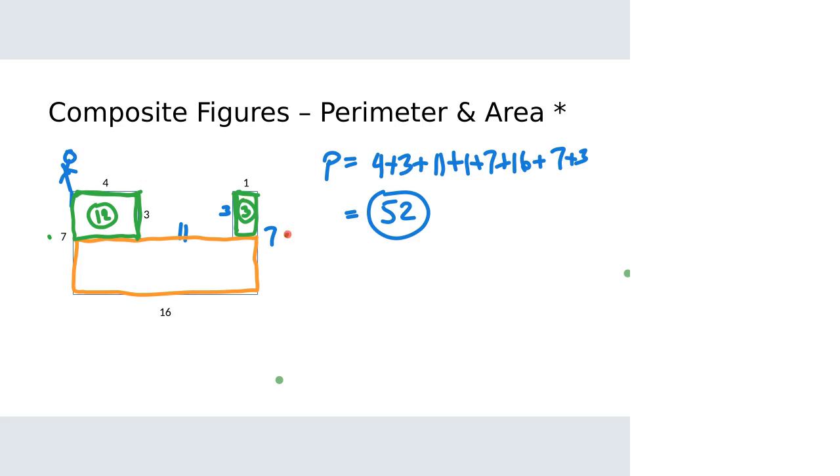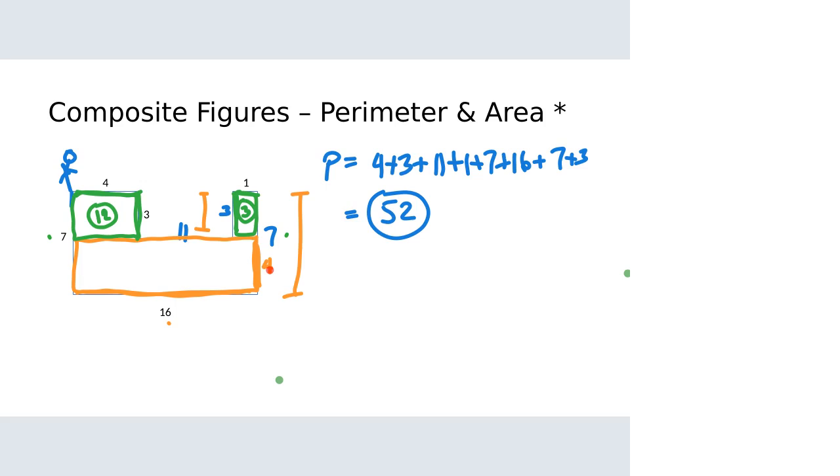Yes, there's a 7 right here, but that's not our side length, so we didn't use it. And then when we talk about the orange rectangle at the bottom, that's the whole length of 16. And how tall is it? Well, if all the way from top to bottom is 7, and this much right here is 3, then that piece must be 4.